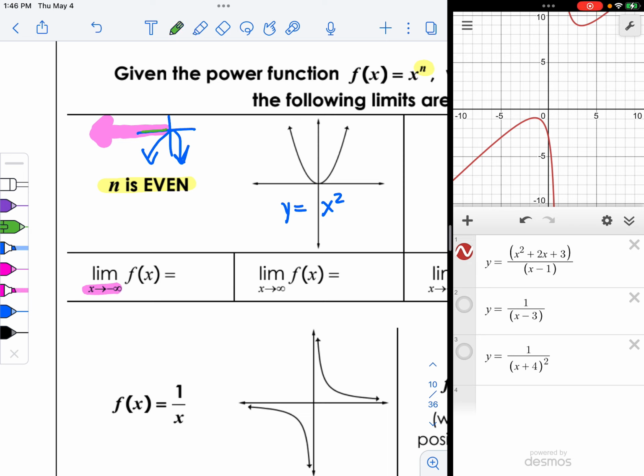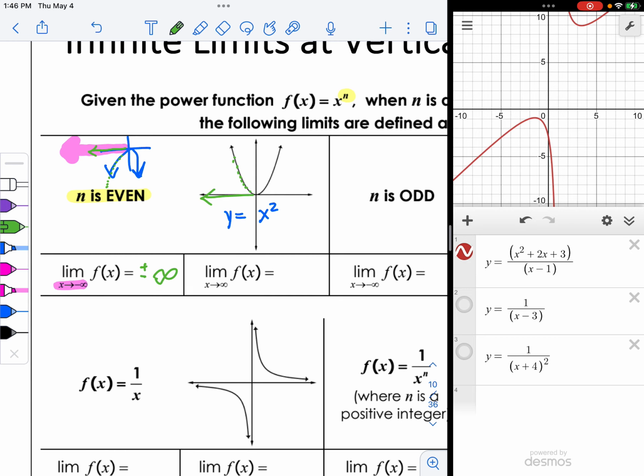And as my x value goes left, we can see that my y values are headed either down, or again, as x goes left, we see my y values are going up. So depending on whether your graph opens up or whether your graph opens down, where your y is headed will either be positive or negative infinity.